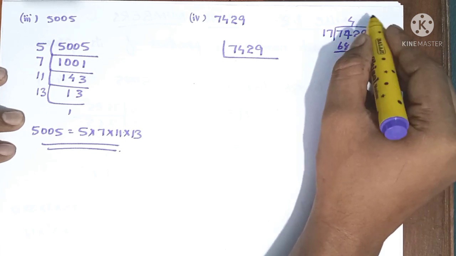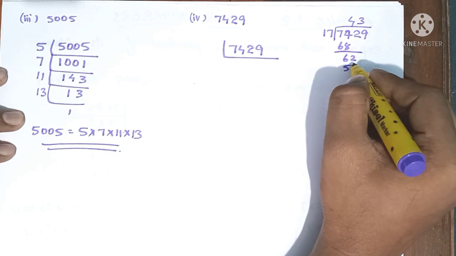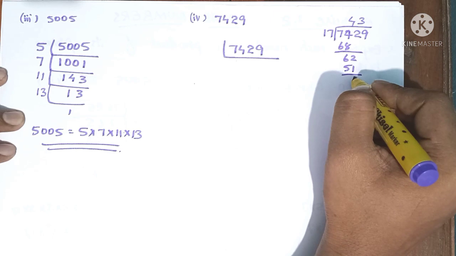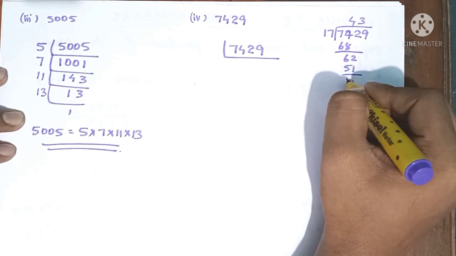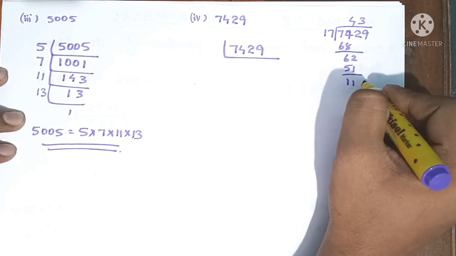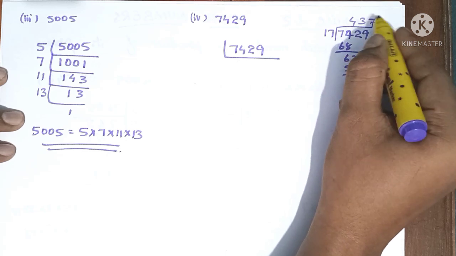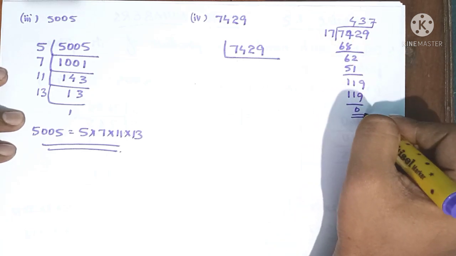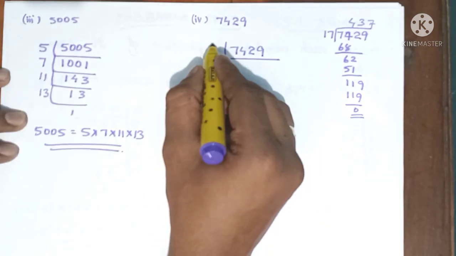In 62, 3 into 17 is 51. Remainder is 11. And we'll keep this 9 down. 119. Yes, possible. 7 into 17 is 119. So 17 is a prime factor of 7429.